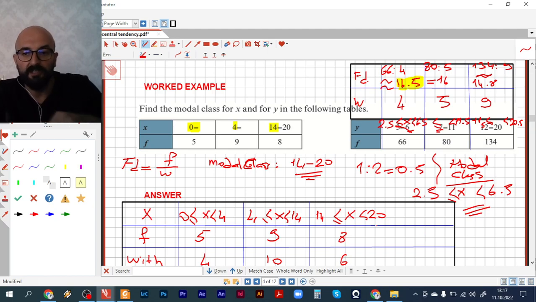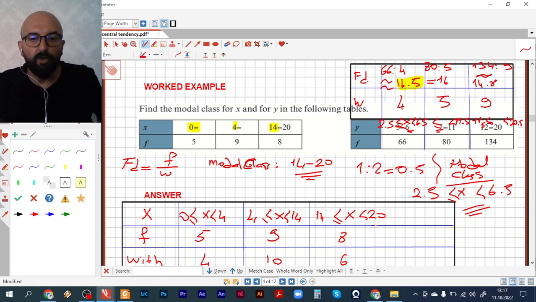The first class is our modal class for the second table.